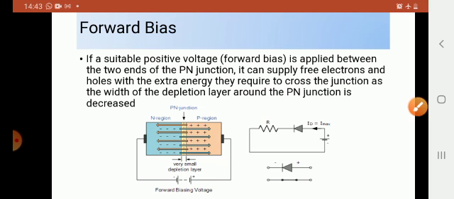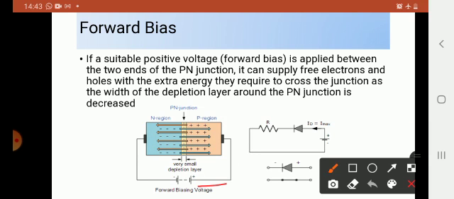The same thing will happen with the positive material. The positive terminal is attached with the p-type material, where there is already an excess of holes. So what will happen? The holes are going to repel. The plus sign is mentioned here as a hole.